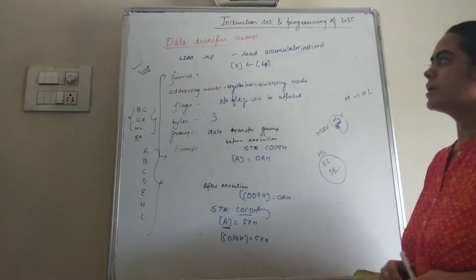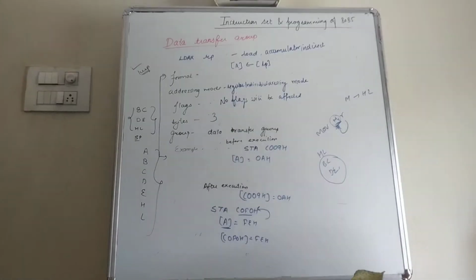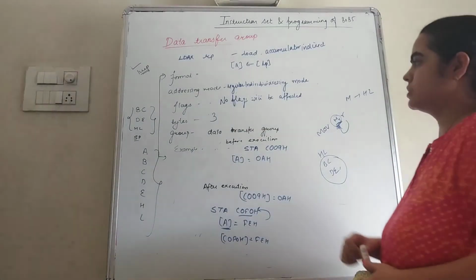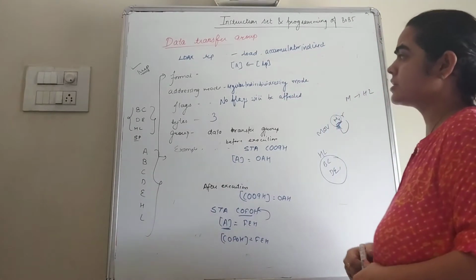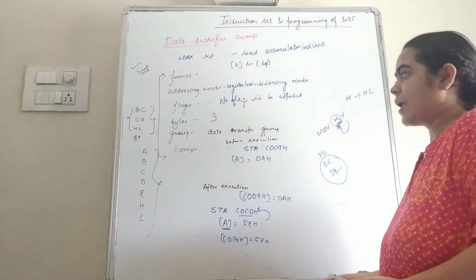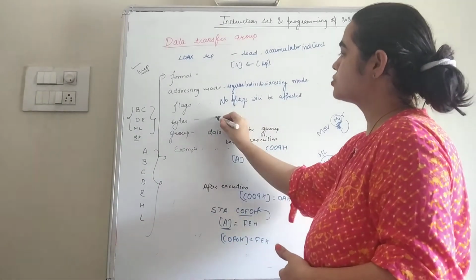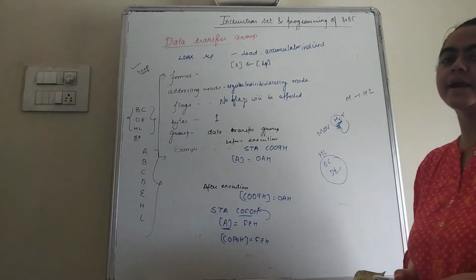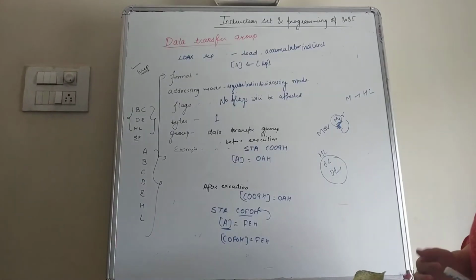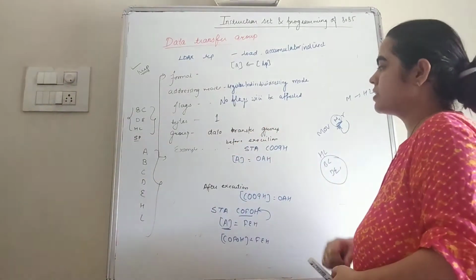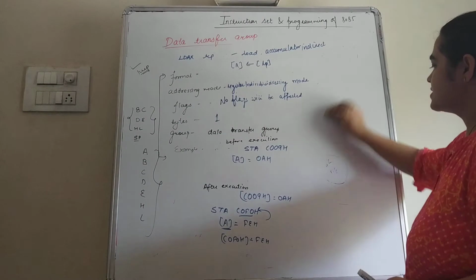No flags will be affected because this is a data transfer instruction, and in data transfer instructions no flags are affected. Next is the bytes. The instruction is only 1 byte, because address and data are not specified in the instruction. Group is the data transfer group. Now we can see the example.